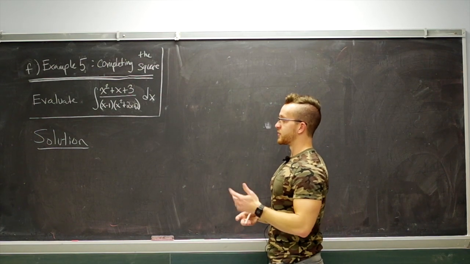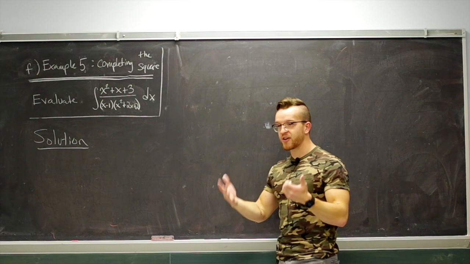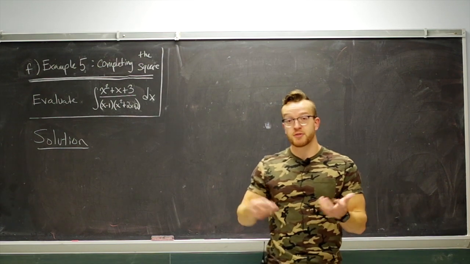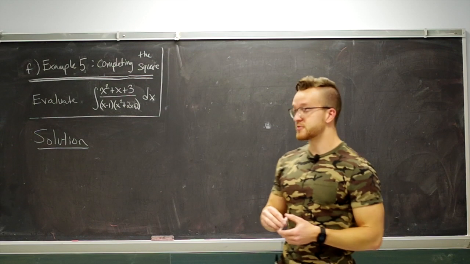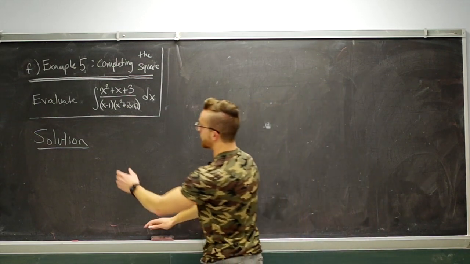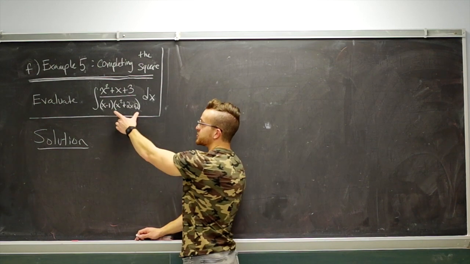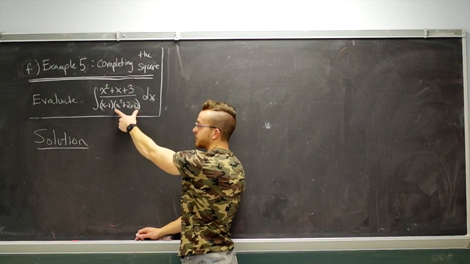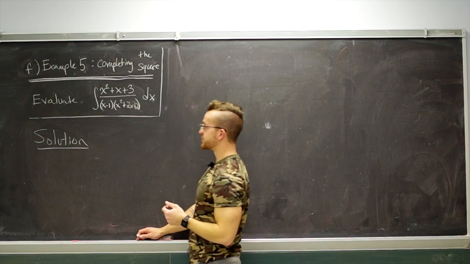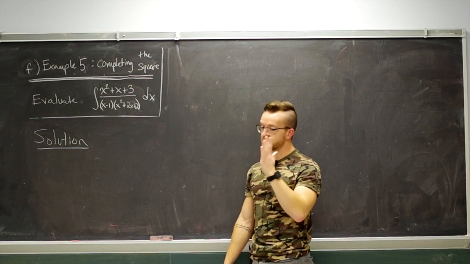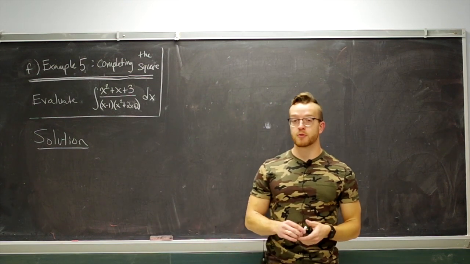The other question that's always good to ask is, can I factor the bottom anymore? Sometimes you might have to factor things yourself. Well, x minus 1 is linear, so I can't factor it anymore. The only question mark is this quadratic term right here, x squared plus 2x plus 2. The question is, is this an irreducible quadratic factor?